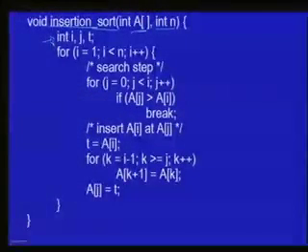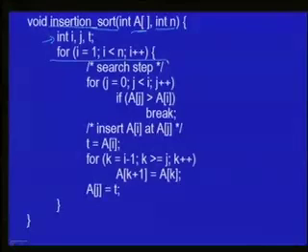So we have these local variables i, j and t. Now this is the outer loop, which runs for i from 1 to n minus 1, and for each value of i we have to first do the search. The search is quite easy.